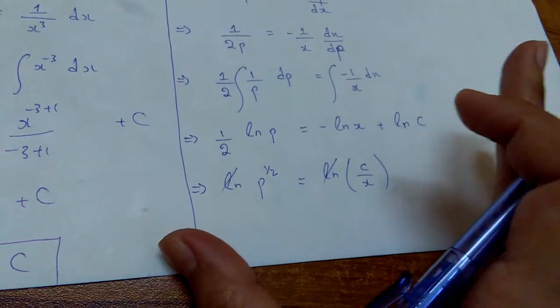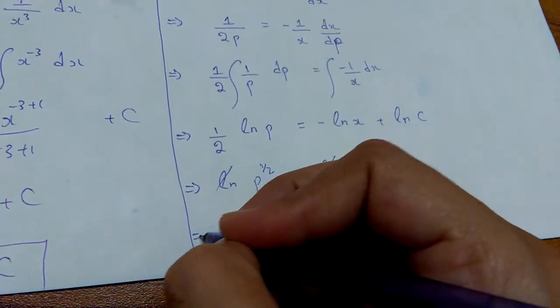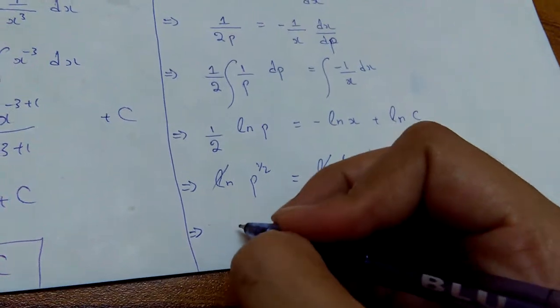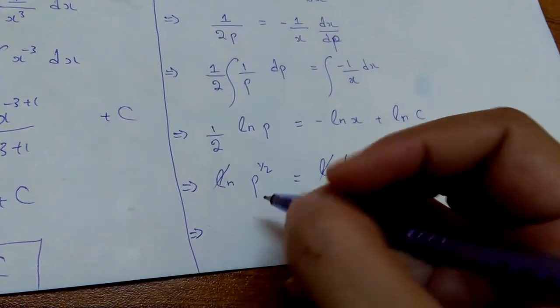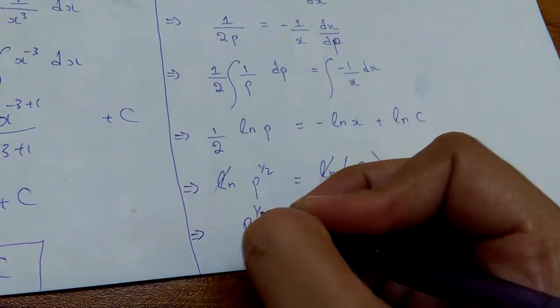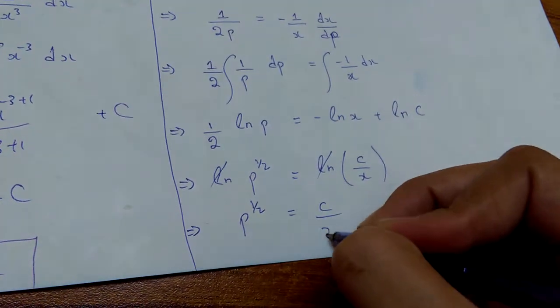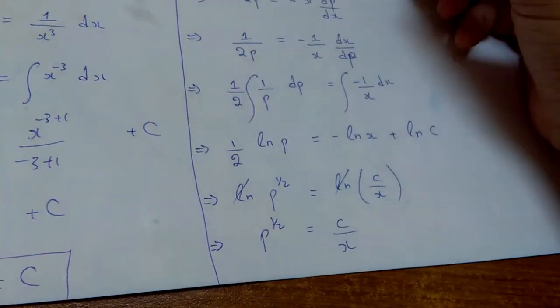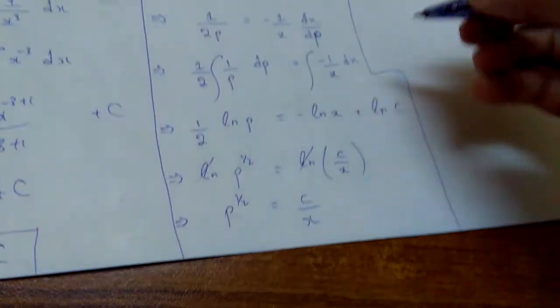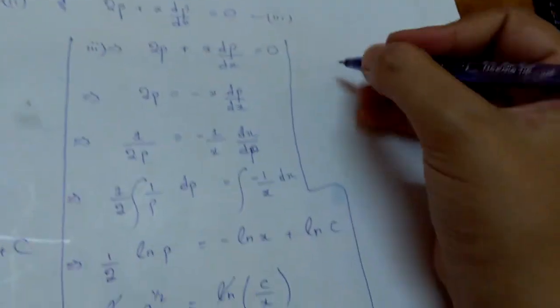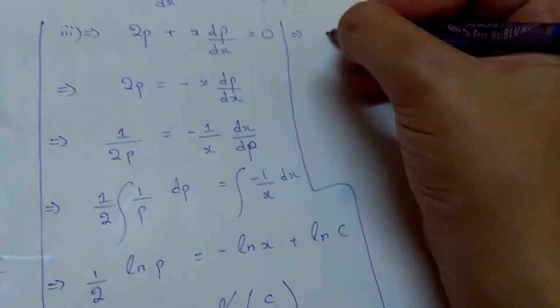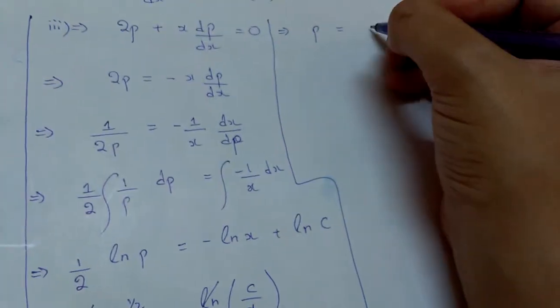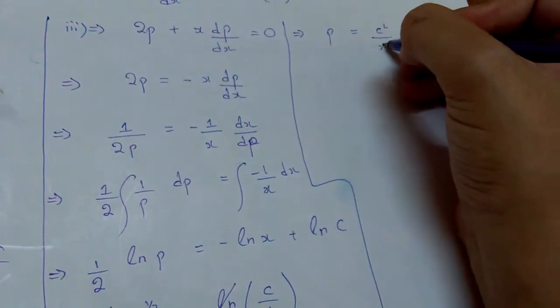That is also going to cancel your log, just like that. And then it is c by x. You can take square at both sides. So once you square both sides, you get p is equals to c square upon x square.